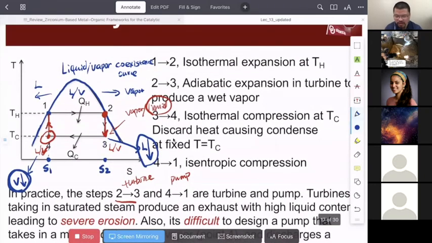And I hope now, if you think a little bit harder, we are actually able to reproduce the Rankine cycle. So for example, from the process of 2 to 3, we need to get rid of that liquid component as much as possible. So what do we do? Well, we just extend.